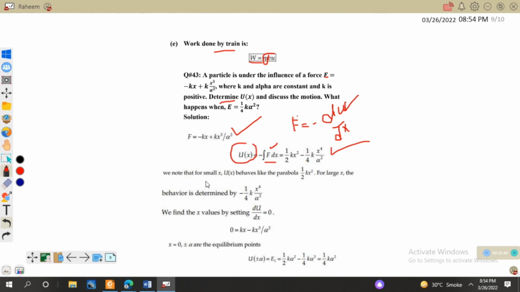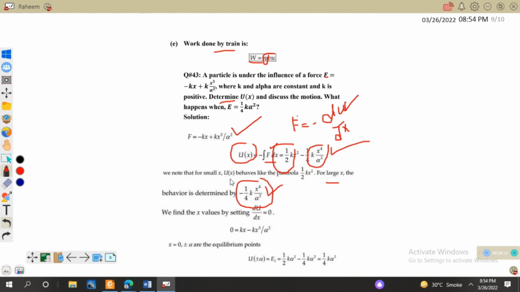We know that for small x, this term will be dominating. As the value of x increases, this subtracting term dominates for higher values of x. So for large x, the behavior is determined by the term which has greater contribution, so minus kx^4 over 4 alpha square.